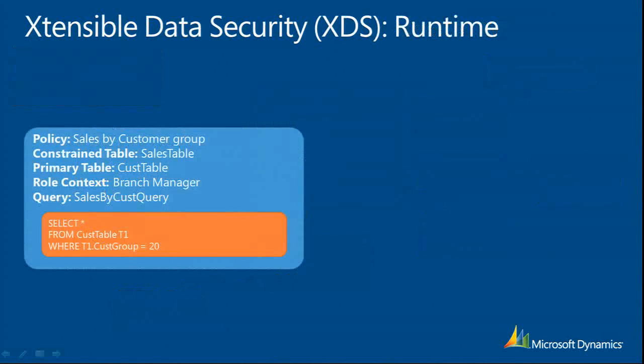The reason that this is possible is we enforce data security at the very low level in the data stack. Let's look at our example one more time. We had a policy called sales by customer group. In that policy, we had a constraint table called sales table. That's where we want to select data from. We also had a primary table called customer table, and we wanted to run this in the context of role branch manager.